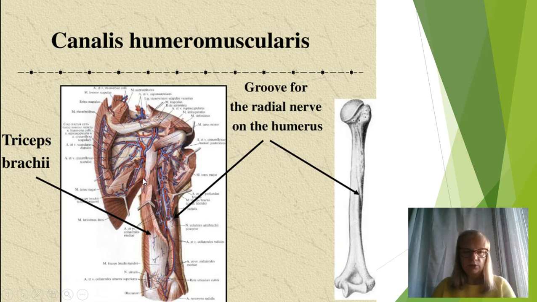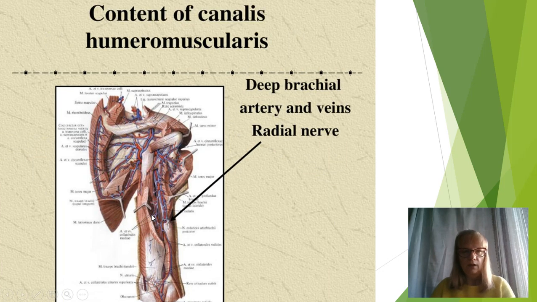And the posterior border of the canal is the triceps brachii. Contents of this canal: the deep brachial artery and vein, and the radial nerve. That's all about the humeromuscular canal.